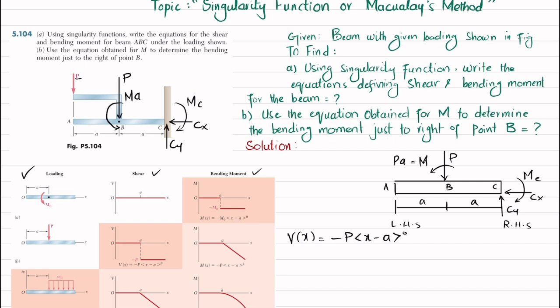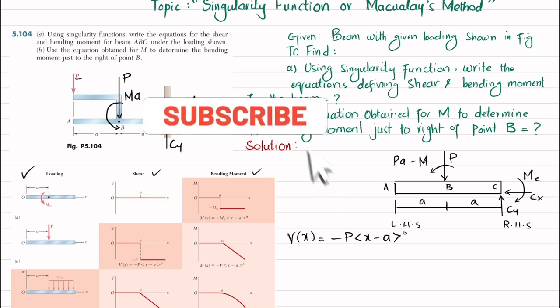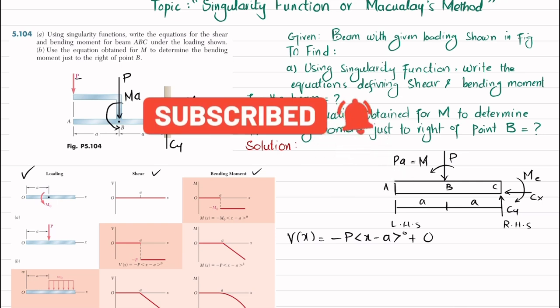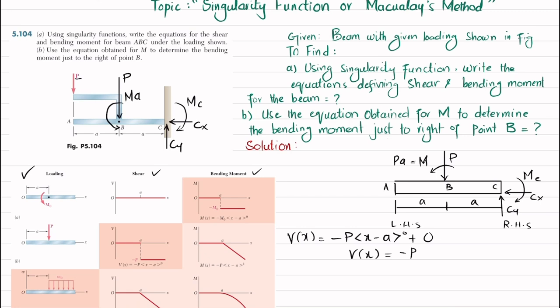And we have a moment as well at this point which is PA, but for a moment acting from the start, the shear force is 0, so there will be no term for the moment. So the shear force equation will be equal to minus P into x minus A power 0. This is equation number 1.